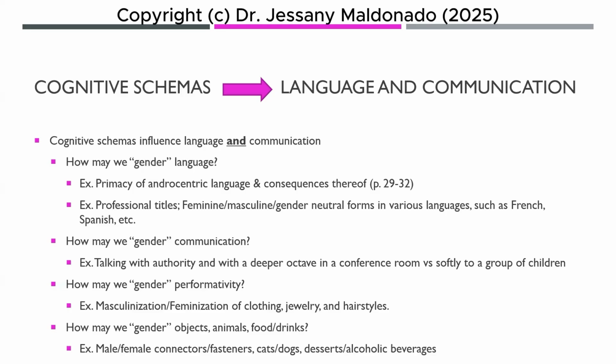So we associate this dark-light dichotomy with men and women respectively, and this light-heavy dichotomy with women and men respectively. So there are many ways in which we gender language, communication, performance, objects, animals, and food.